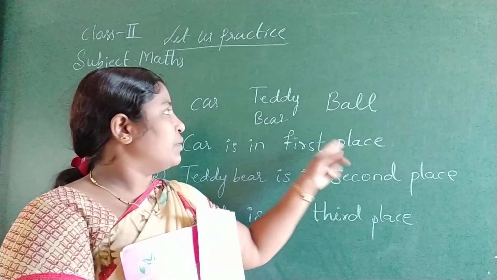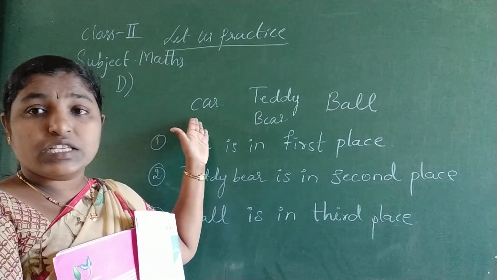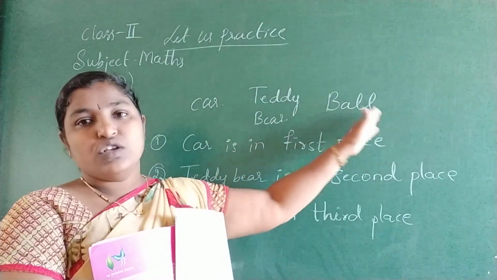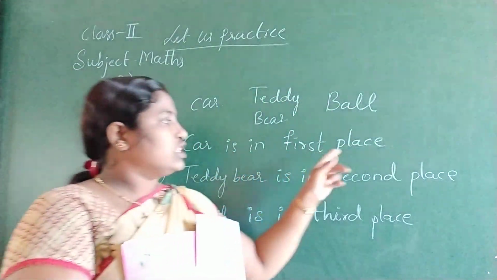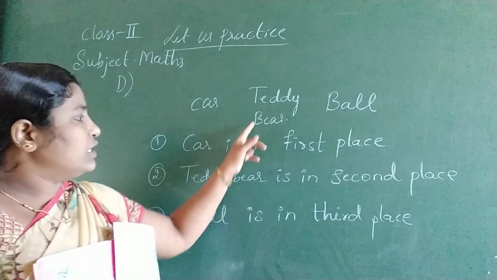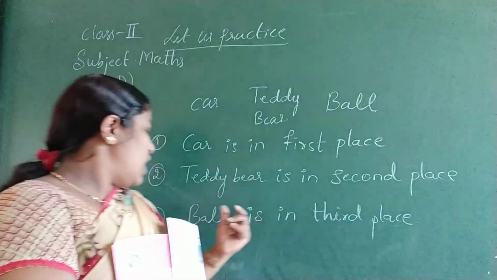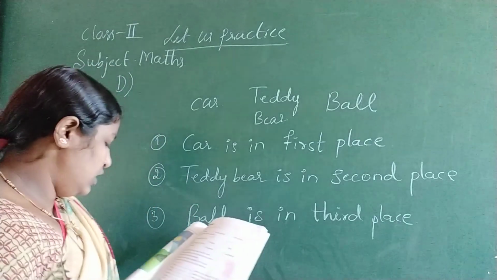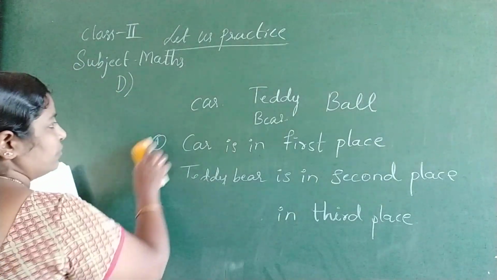Car is in first place. They asked us to tell the positions from left to right. So car is in first place, teddy bear is in second place, and the ball is in third place. Okay, and then E.